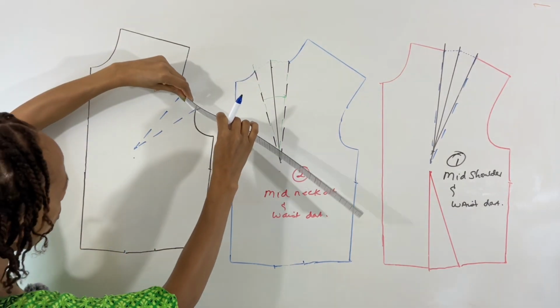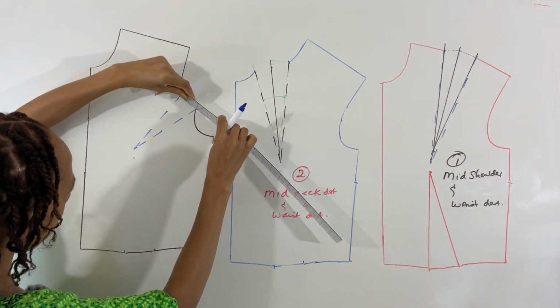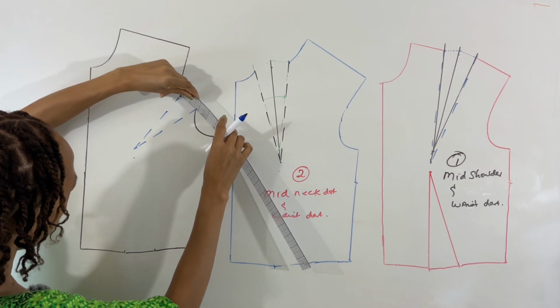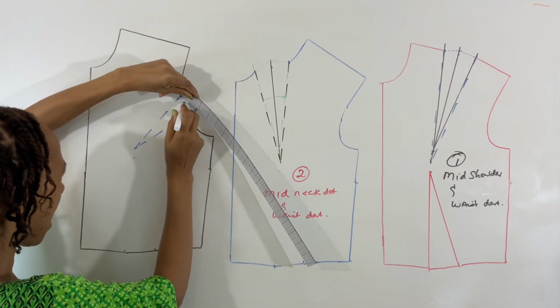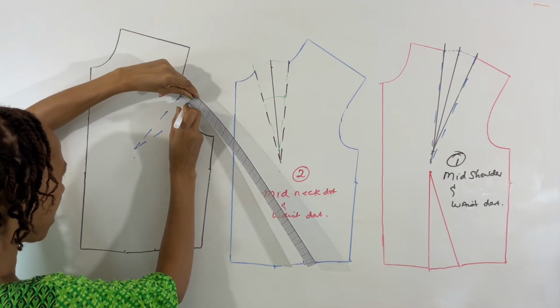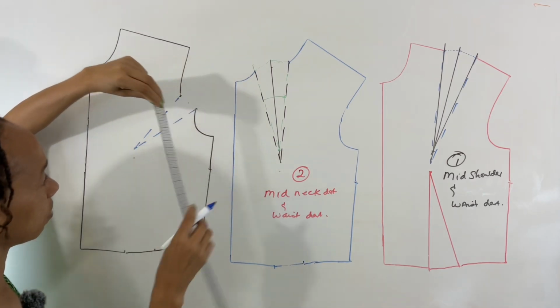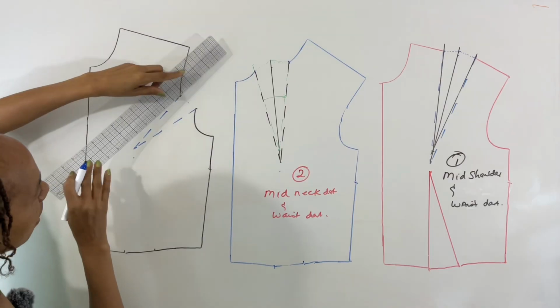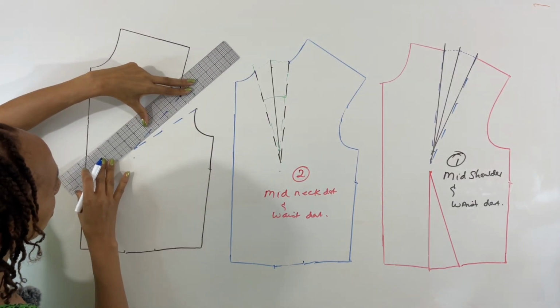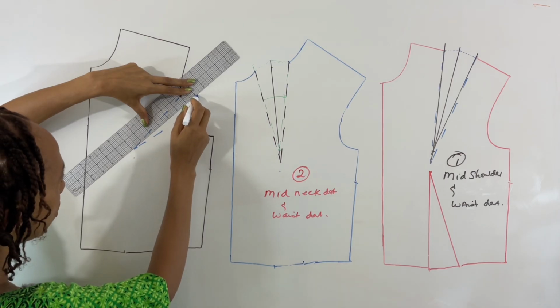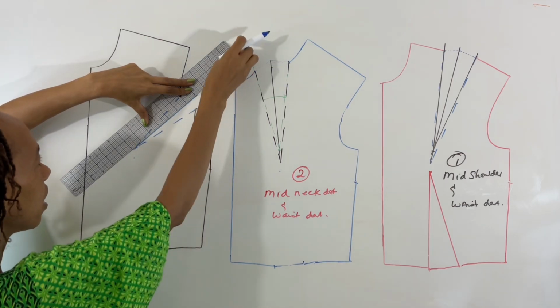Once again, you have to measure the span of your dart or the dart width, and at the top I have here 1 3/4 inches, and 1/2 inch of that is 7/8. So you have to find that 7/8 mark, and then you center that. That's going to be your center line. And you have that.